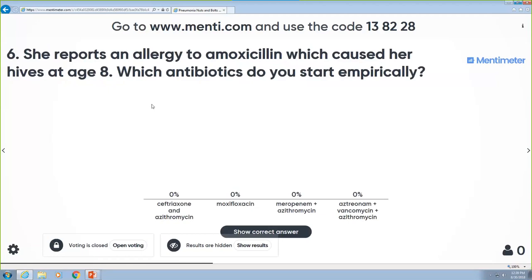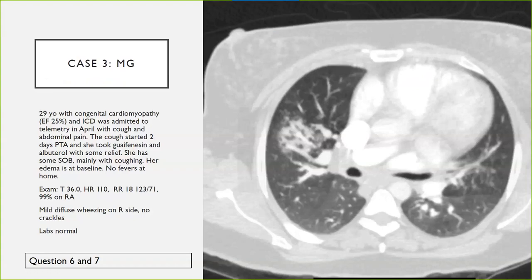So which antibiotics do you want to start empirically on her? And if you want to review the history: 29-year-old, congenital cardiomyopathy, pretty stable vital signs, but wheezing and infiltrate. She's not been in the hospital recently.